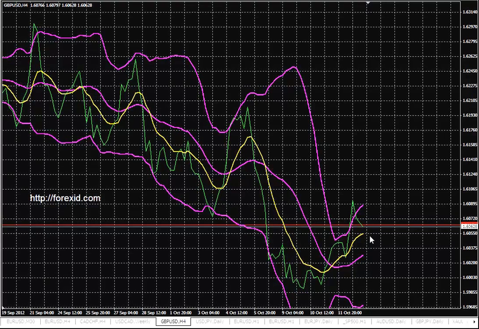So I am against fixed stop losses of 30, 40, 50 pips. I don't believe that there is a standard rule about that, or that any trade is the same as anyone else. Every trade is unique, is totally unique.